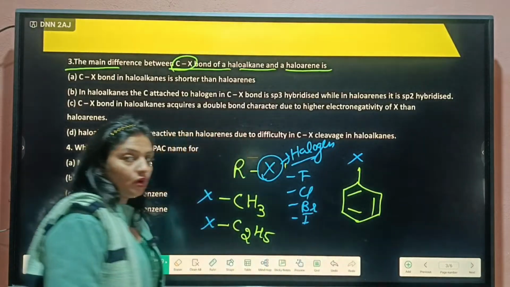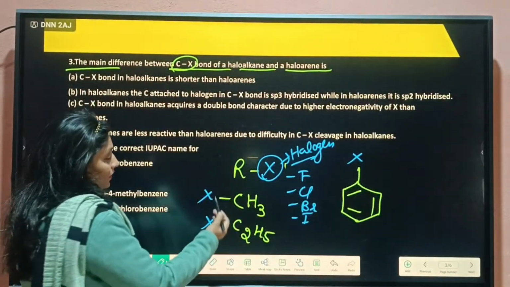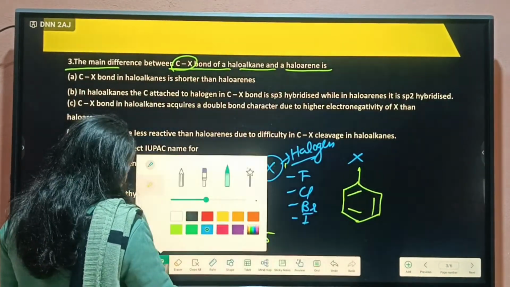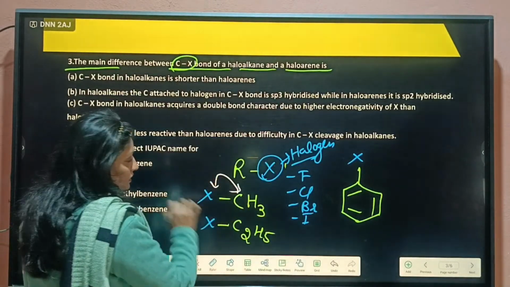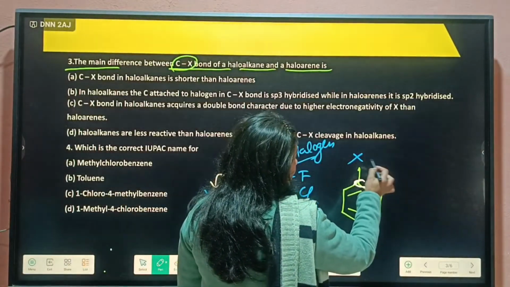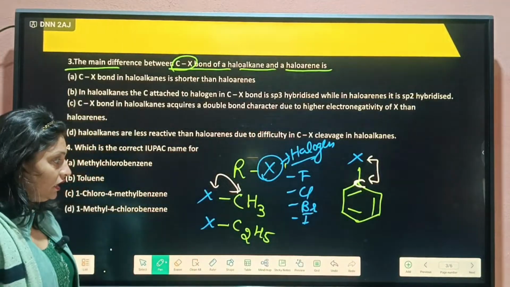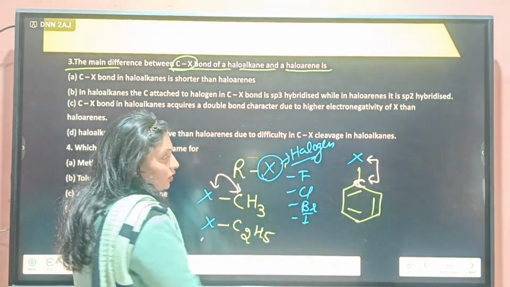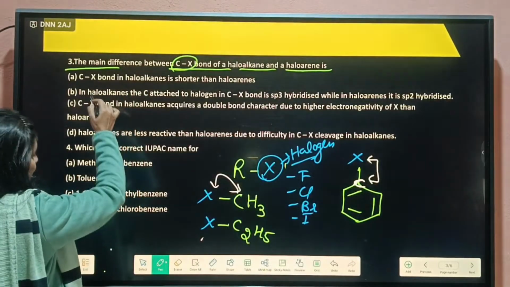So students, what is the difference between the bond of this carbon, this CX bond, and here also carbon? What is the difference between these CX bonds in haloalkane and haloarene? Let's see the options.